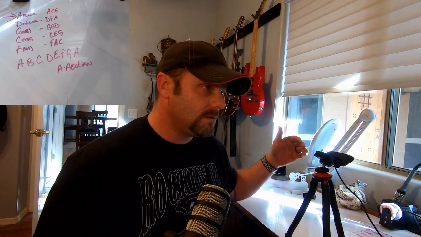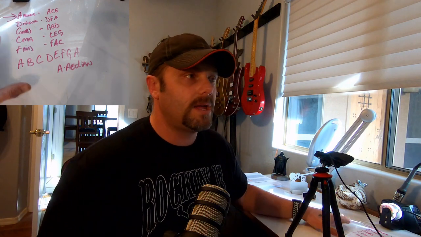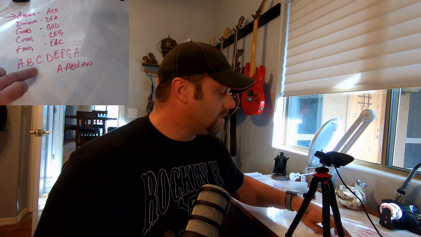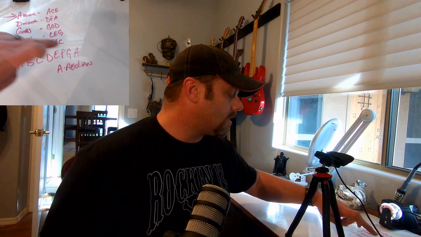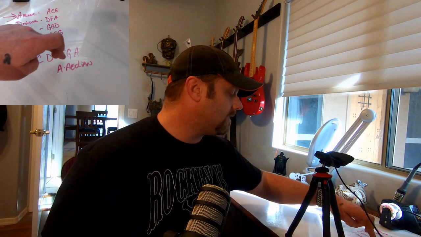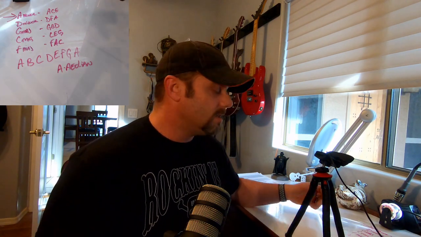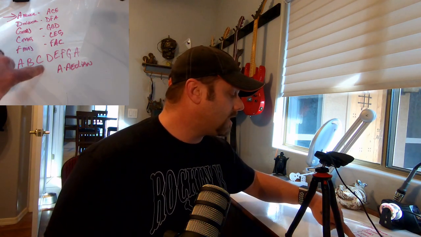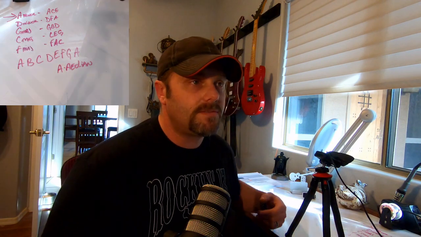Same rule applies here. This is why I say learn your major scale, because if you know the C sharp, the D sharp, or the C sharp and the F sharp and G sharp in A would be sharp normally. So you flat the 3, flat the 6, and flat the 7, you got an Aeolian, right?